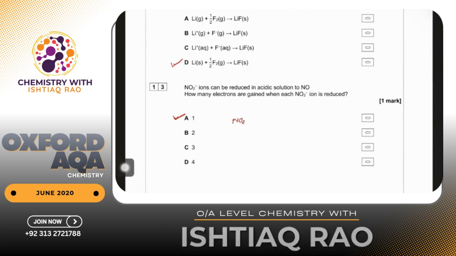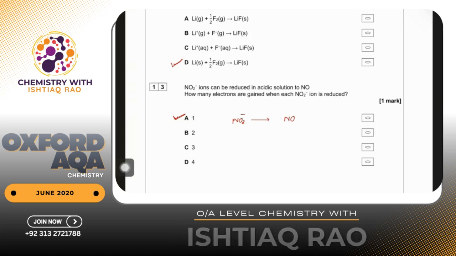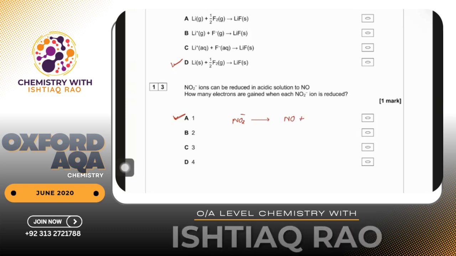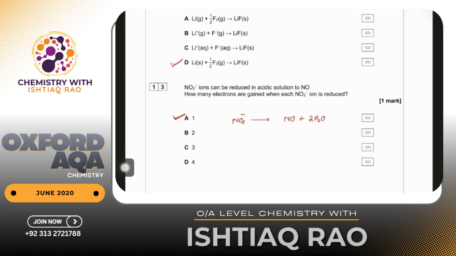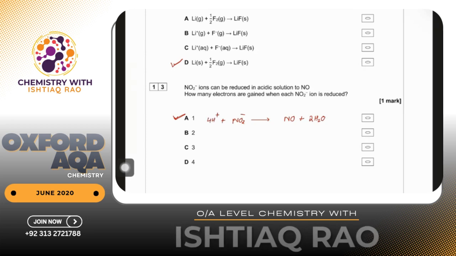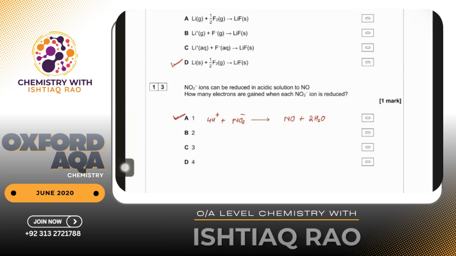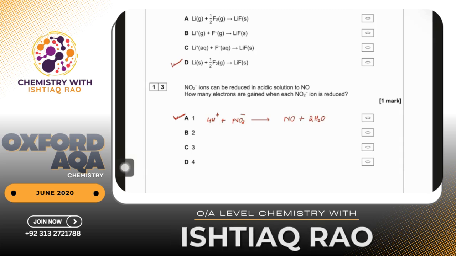NO2 minus getting reduced to NO, H2O, 4H positive ions, right? Oh, you're balancing it like this. How many electrons are gained when each NO2 minus ion is reduced? So one electron, since the charge is one.